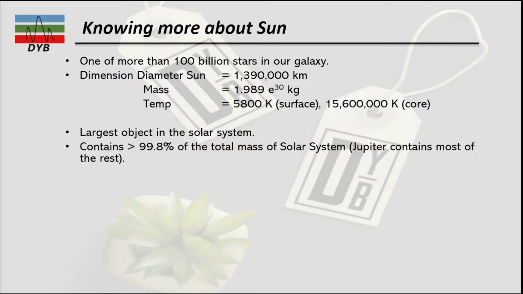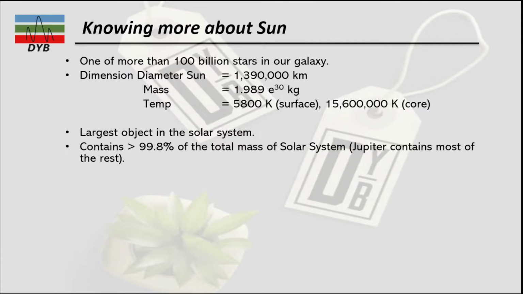The diameter of the Sun is 1.3 million kilometers, and its mass is 1.989 × 10^30 kilograms. The surface temperature of the Sun is 5,800 Kelvin, and obviously the temperature of the core is much higher than the surface, about 50 million Kelvin.